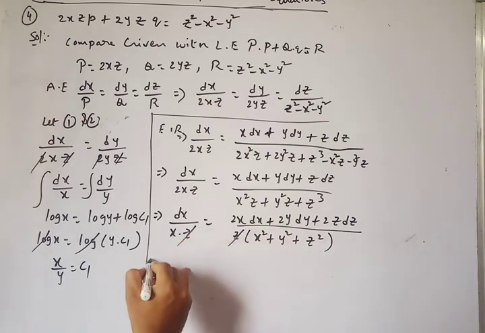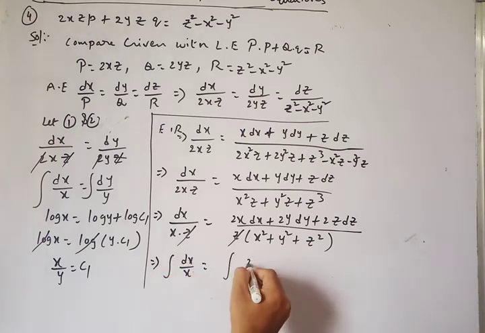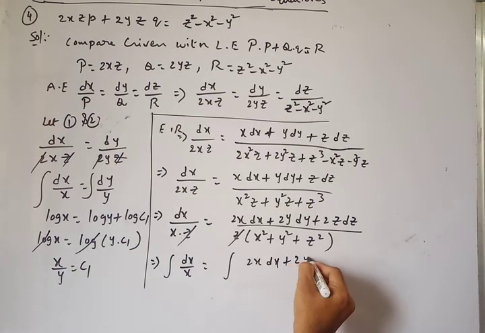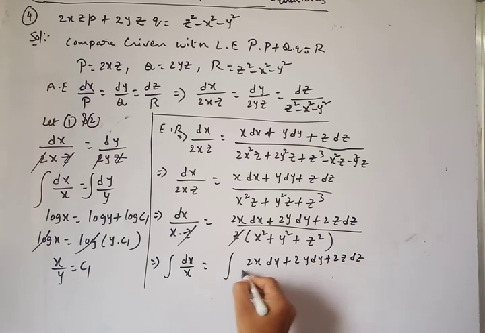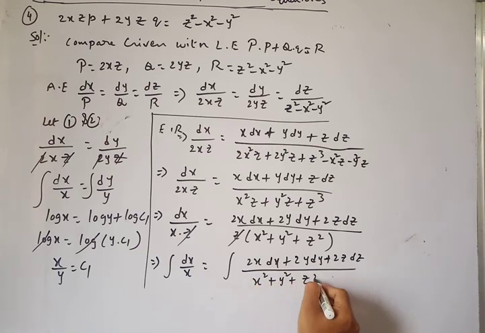So if I integrate here, the integration of dx by x is equal to the integration of 2x dx plus 2y dy plus 2z dz by x square plus y square plus z square. So how to integrate here?